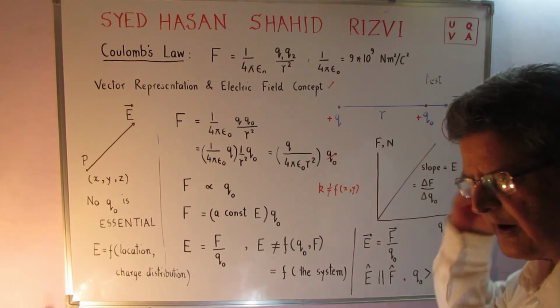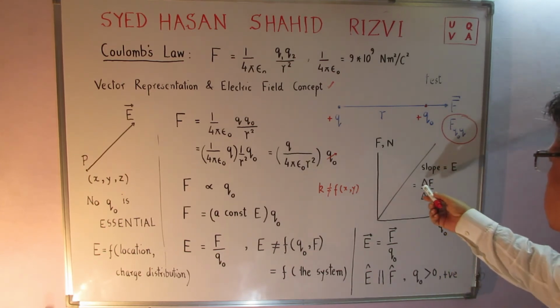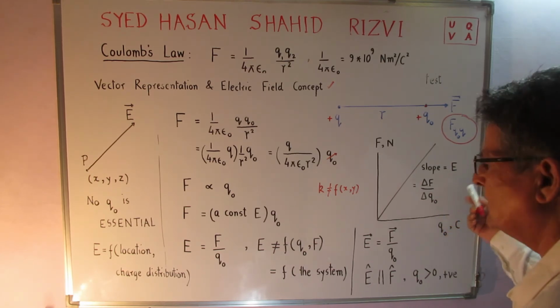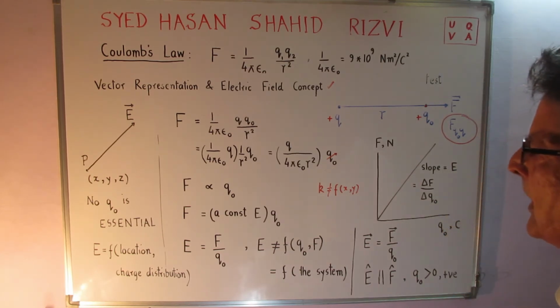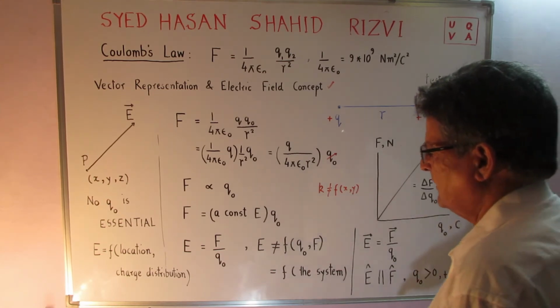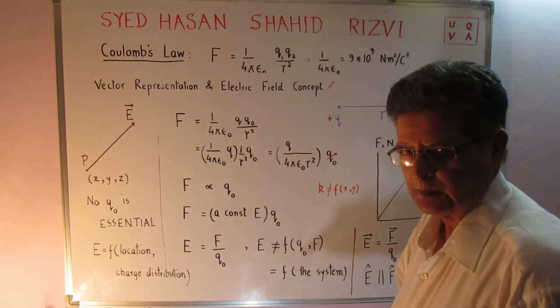And this straight line has got a slope, and that slope is E. I can write this as delta F upon delta Q naught or dF upon dQ naught. So this is the interaction of the electric field and its magnitude.